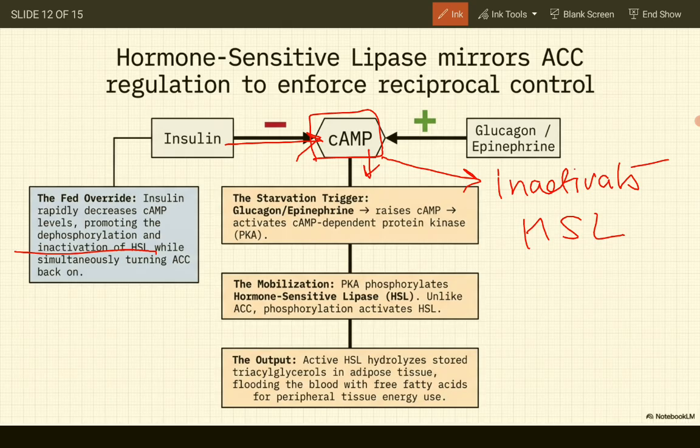Inactivation of hormone sensitive lipase occurs while simultaneously turning ACC back on, which will produce lipids.